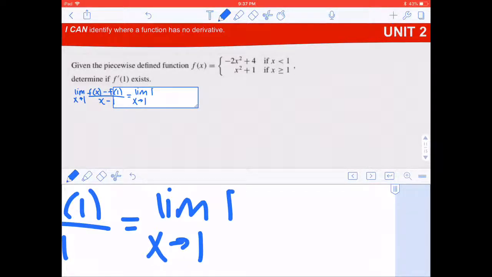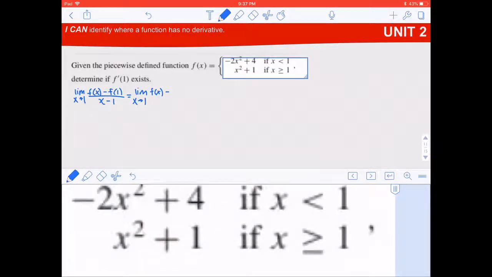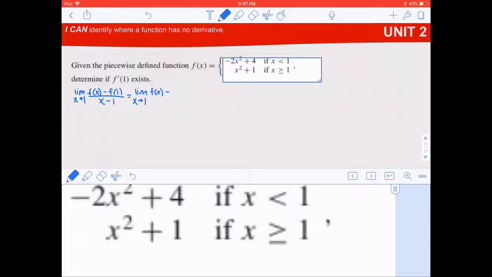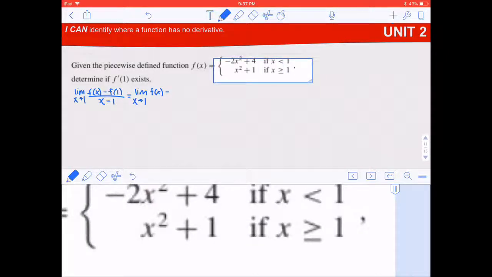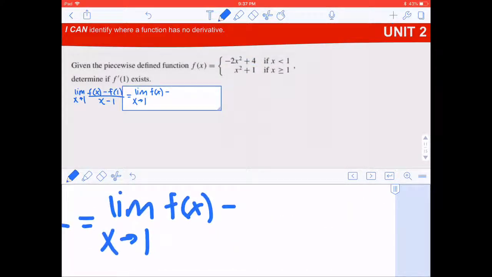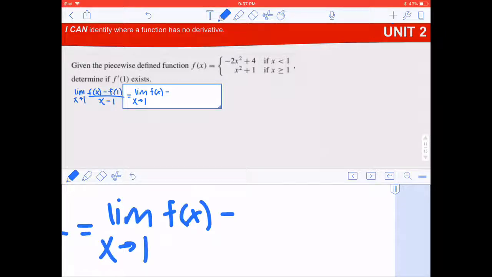So we have f of x minus f of 1. Well, if we look here, when it's equal to 1, we're going to use this bottom part here. So x squared, we're going to plug 1 into that. 1 squared plus 1 is just 2. So I'm just going to write 2 here. And then we have x minus 1 down here still.